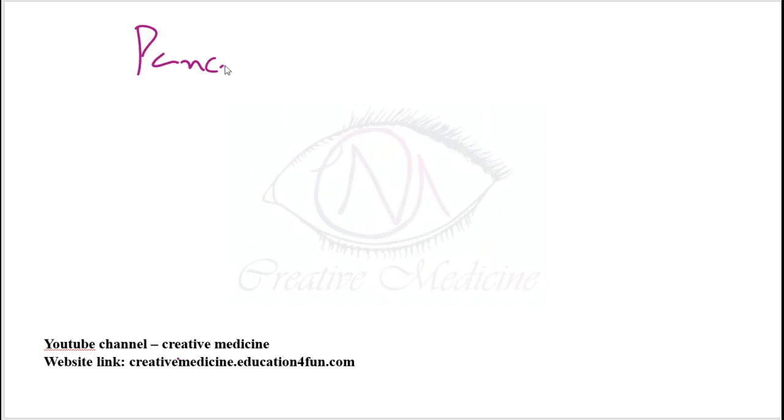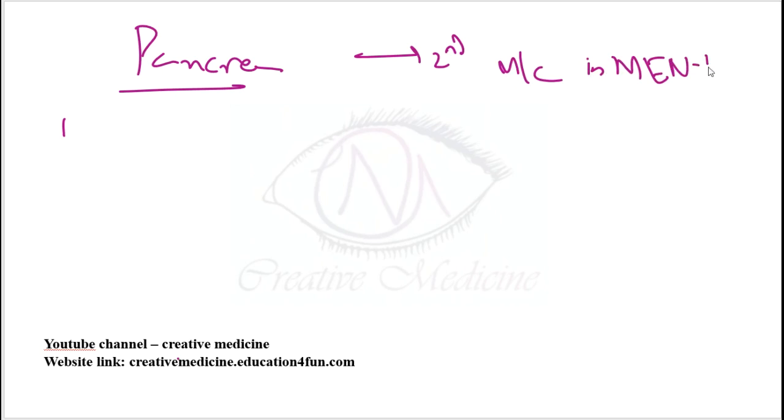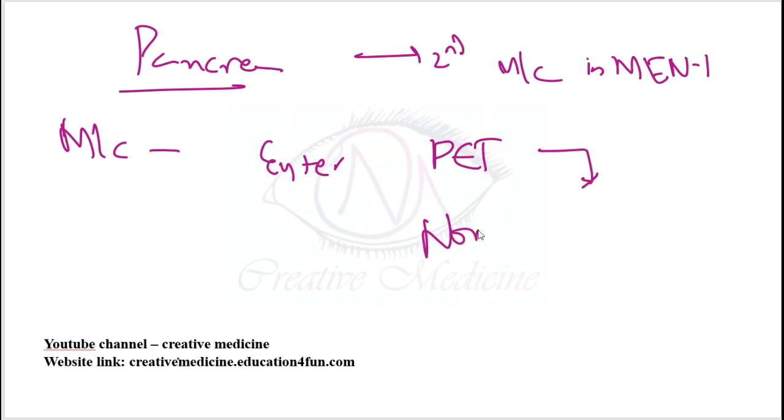Then we have the pancreas. This is the second most common abnormality in MEN1 after parathyroid hyperplasia and parathyroid adenoma. The most common enteropancreatic neuroendocrine tumor in MEN1 is the non-functioning pancreatic polypeptide secreting tumor, which is PPoma.